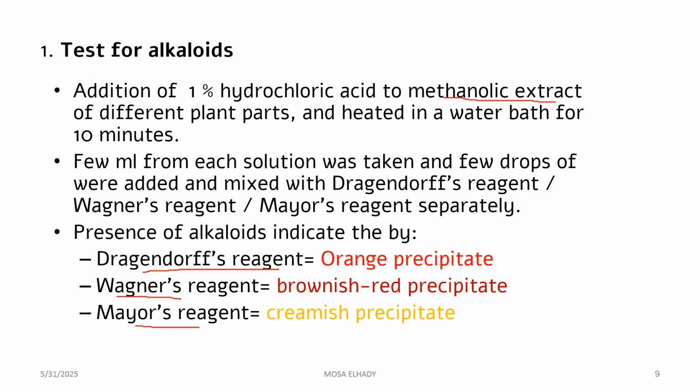Using methanol as solvent, we add 1% HCl to the plant part and heat this extract in a water bath for 20 minutes. After 20 minutes, we add the reagents separately: Dragendorff's, Mayer's, and Wagner's.